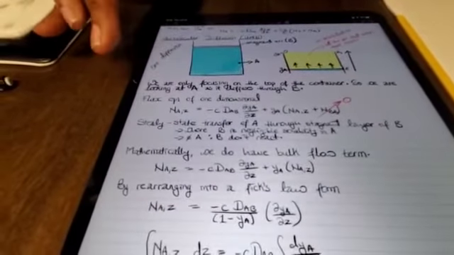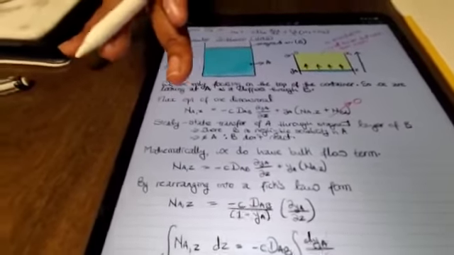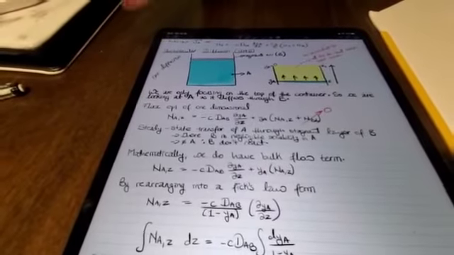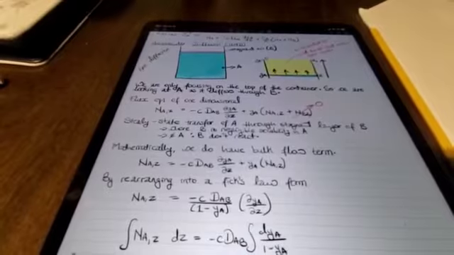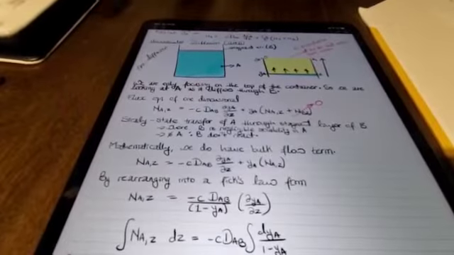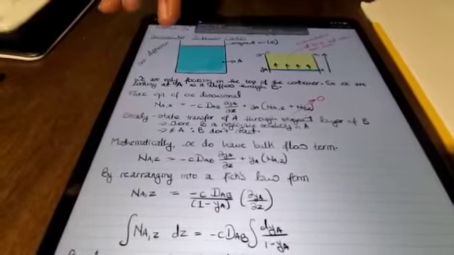So using this, we're going to use the flux equation. This unimolecular diffusion, UMD, is basically using a one-dimensional equation to derive the main equation.